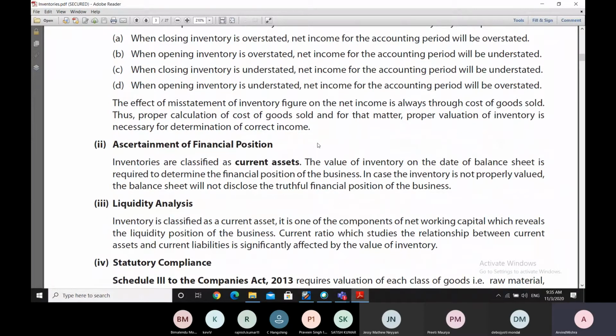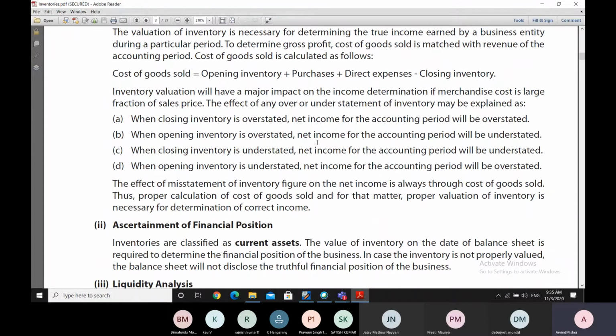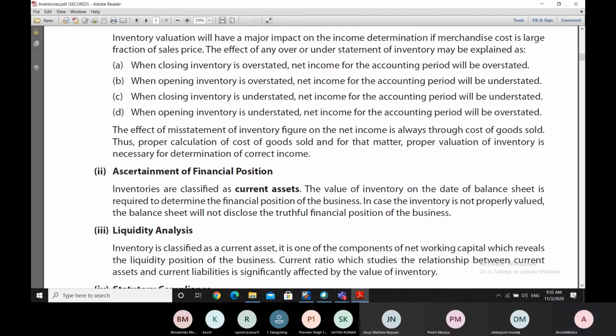Now, to understand the significance further of how important this inventory valuation is, let us go to this point, and we say that inventories are actually current assets. So, whatever value of inventory is there on the date of the balance sheet, it will be required to determine the financial position of the business.